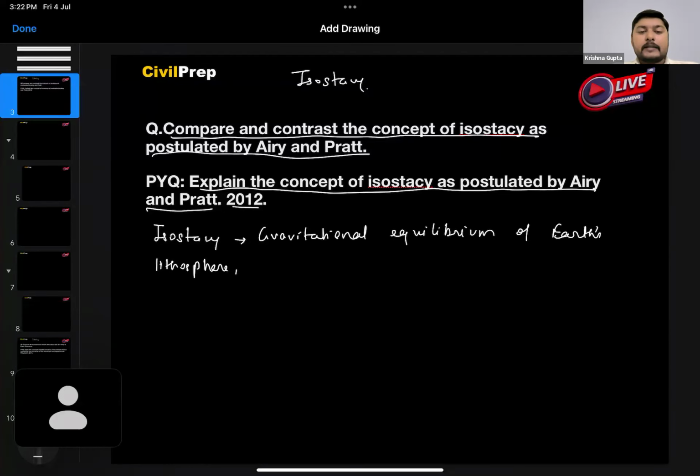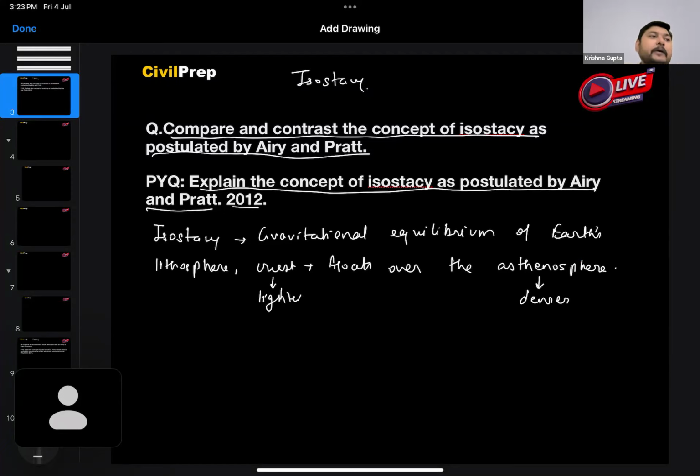Here the crust floats over the asthenosphere. The asthenosphere is denser, while the crust is lighter in density.